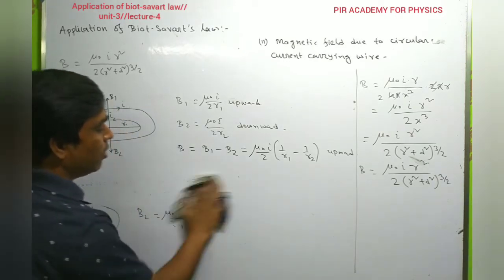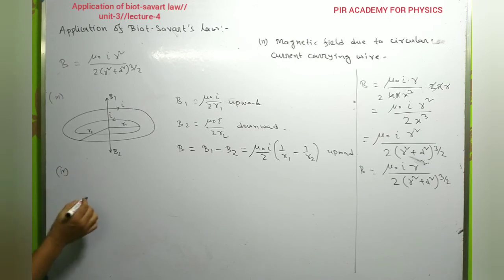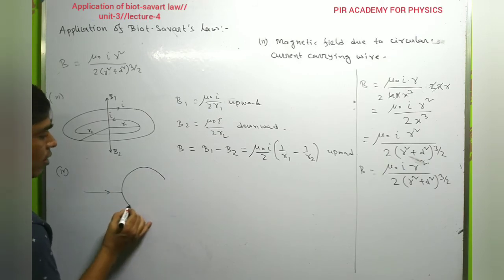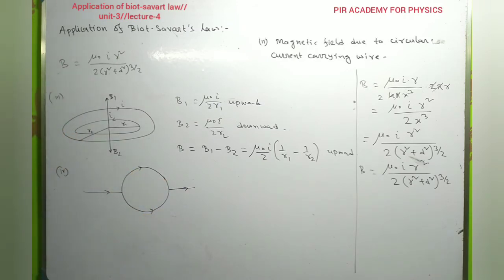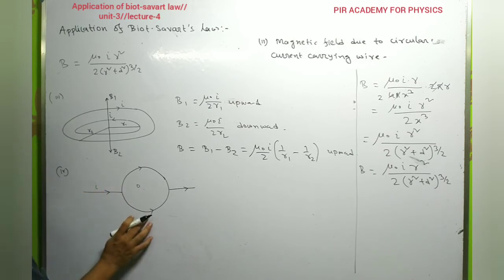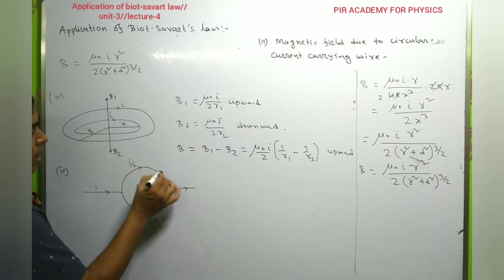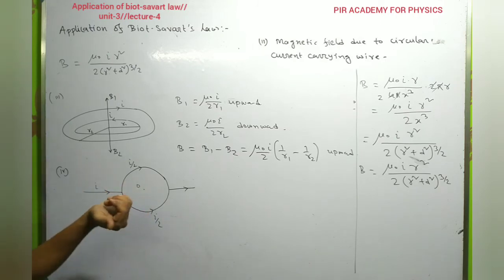Now another, suppose number 4. Suppose this is the current, and this is a loop. Then what will be the magnetic field at point O? Suppose this is I, then this will be I by 2 and this will be I by 2. So the magnetic field due to this upper section will be inward and this will be outward.